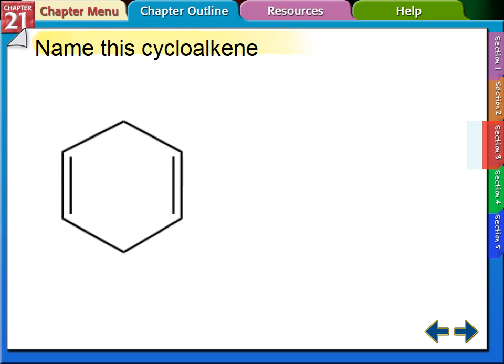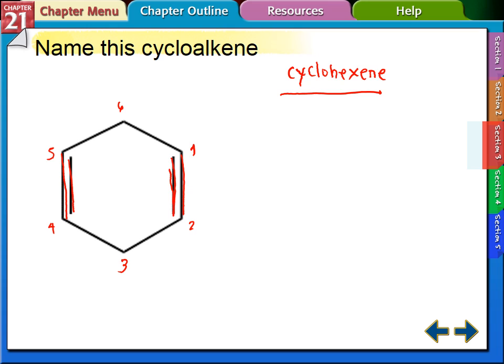And here is our last example. Name this cycloalkene. Again, we start by numbering the carbon atoms that compose this cycloalkene. So we have 1, 2, 3, 4, 5, and 6. So we will have a cyclohexene. Now, for the previous examples, we only had one double bond, but this time we actually have two double bonds present. So we have this double bond here and another double bond on the other side.